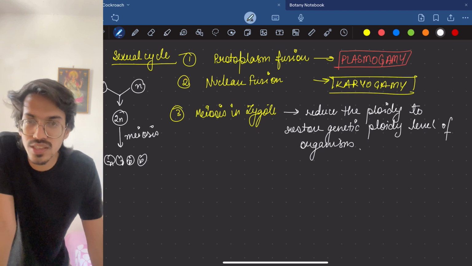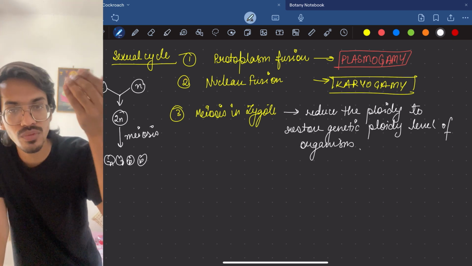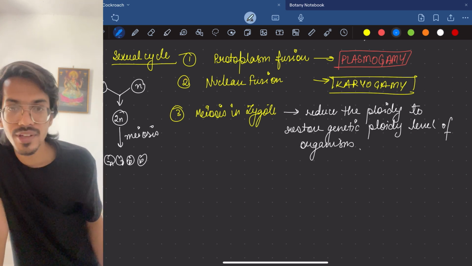In most cases these steps occur simultaneously: plasmogamy followed by karyogamy followed by reduction division.